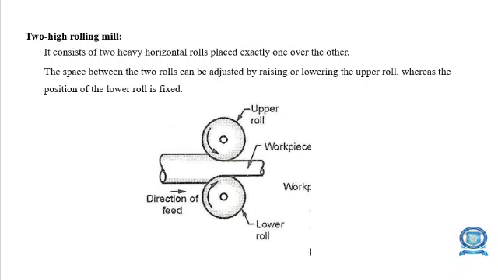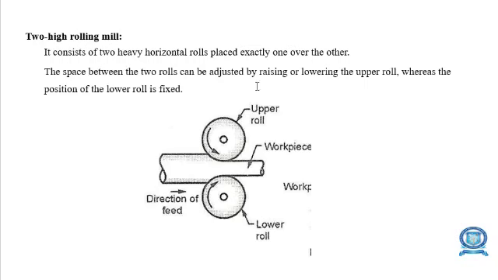In this type, the direction of rotation is fixed and cannot be reversed. There is another type of 2 high rolling mill which incorporates a drive mechanism that can reverse the direction of the roll. This type of rolling mill is called a 2 high reversing mill.